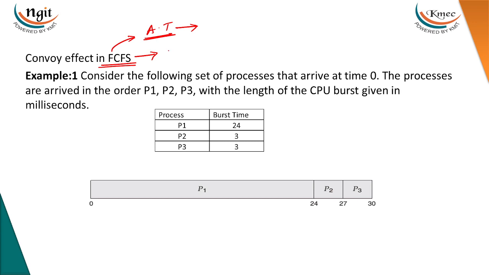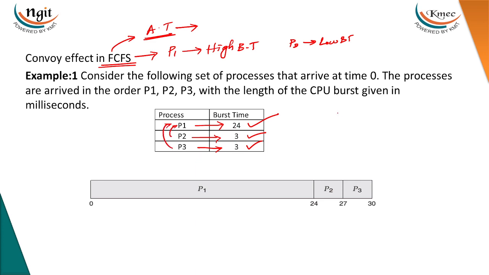When a process P1 has a high burst time, but P2 has a low burst time. See, I will tell you. So let's see here, P1 has a burst time of 24, P2 has a burst time of 3, very less compared to P1, and P3 has a burst time of 3, also very less compared to P1.